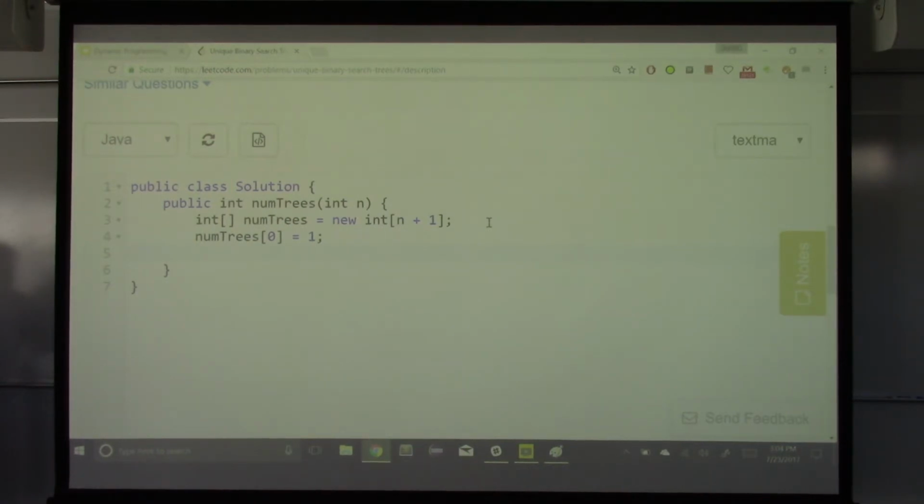Now a for loop for i equals 1 to n. Now do the trees calculation.